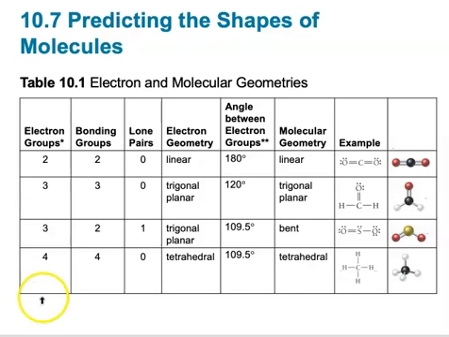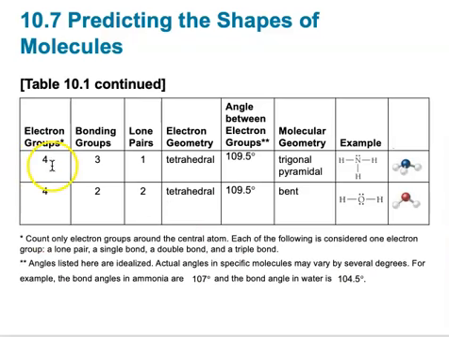If we have 4 electron groups, 4 bonding groups, and no lone pairs, we get a tetrahedral. If we have 4 electron groups, 3 of them bonding and 1 of them a lone pair, we have a trigonal pyramidal. And if we have 4 electron groups, 2 bonding groups, and 2 lone pairs, we're going to end up with a bent configuration as well.